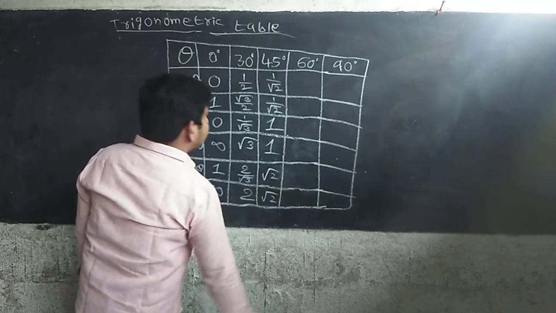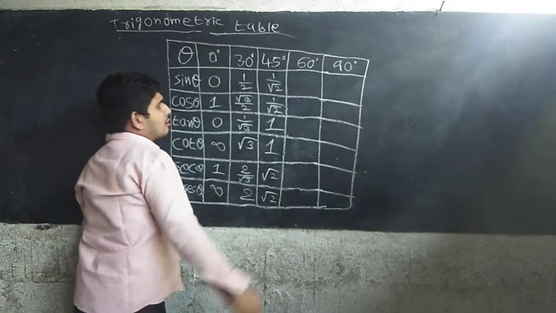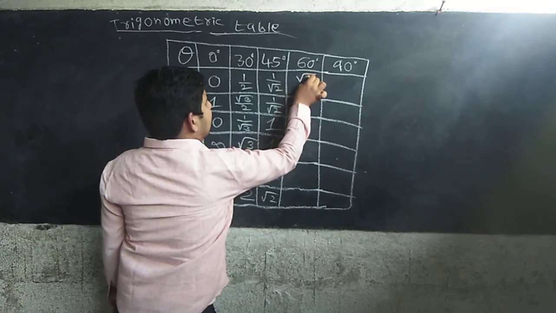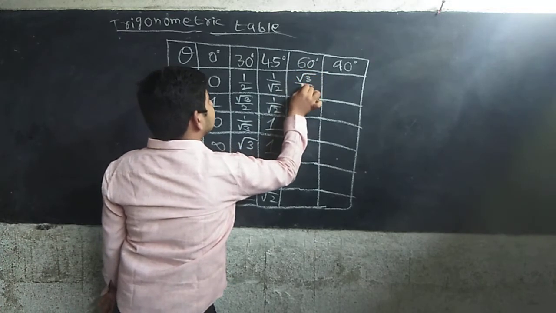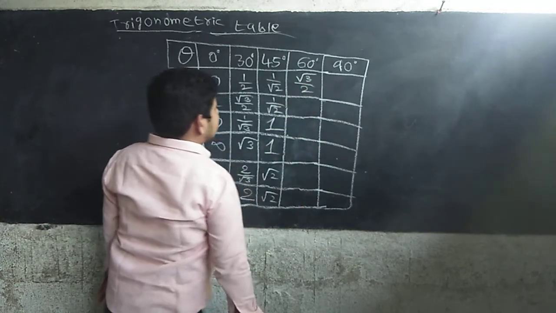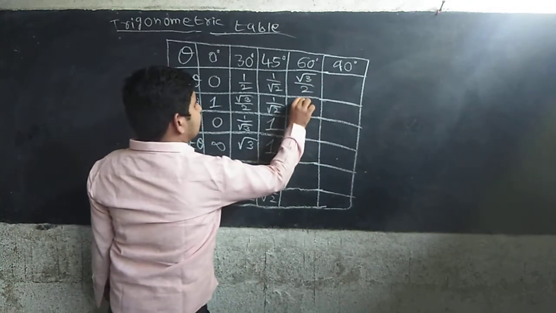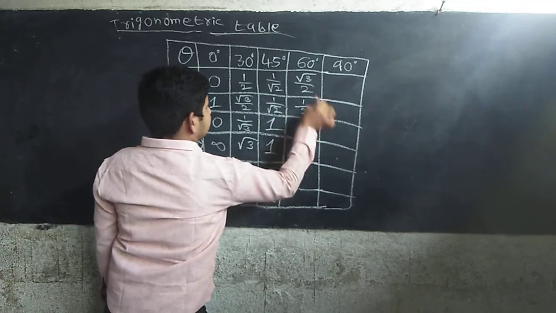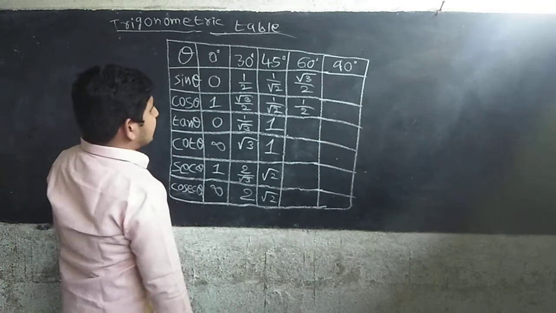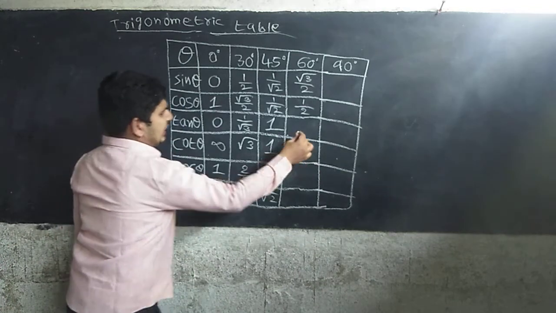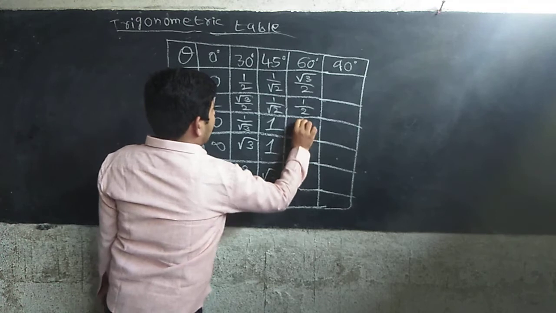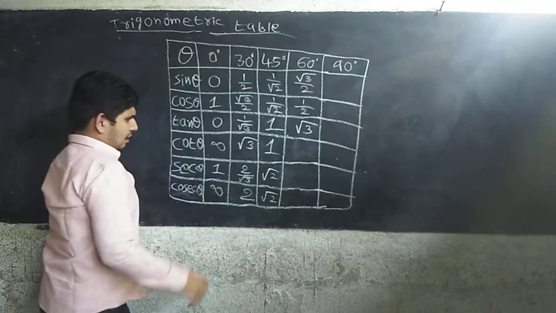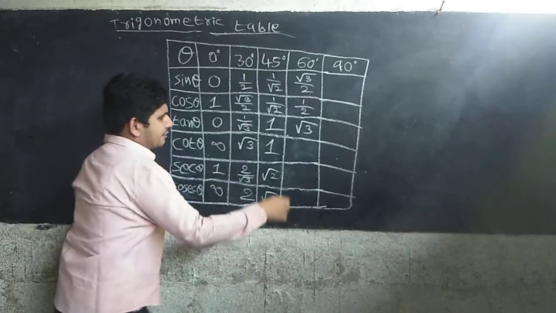Now sin 60 is equal to root 3 by 2. Then cos 60 is equal to 1 by 2. Now tan 60 is equal to root 3. Now cot 60 is equal to 1 by root 3.